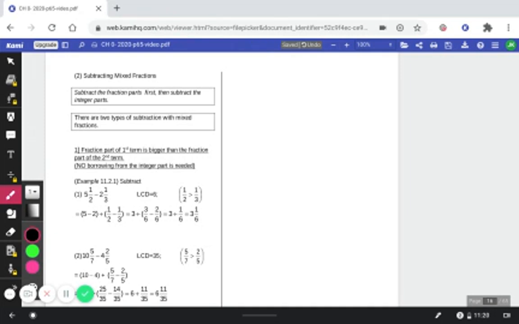The reason is because you might have to borrow 1 from the integer portion in case you are short in the fraction. There are 2 types of subtraction with mixed fractions. One is no borrowing from the integer, and the other is you have to borrow 1 from the integer portion.